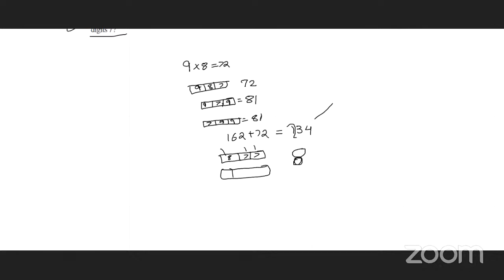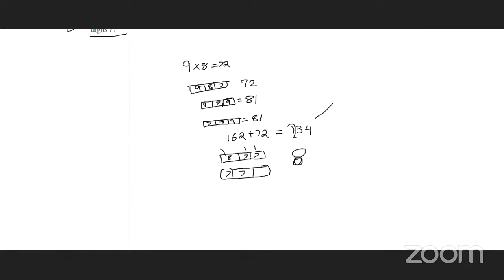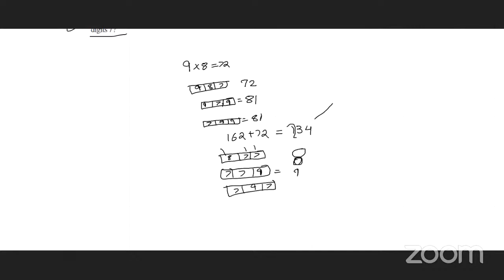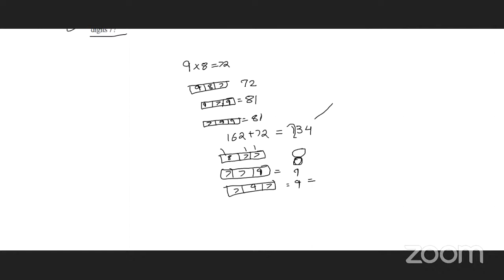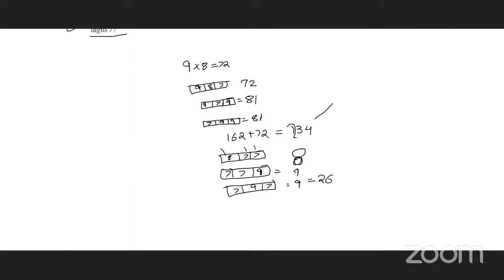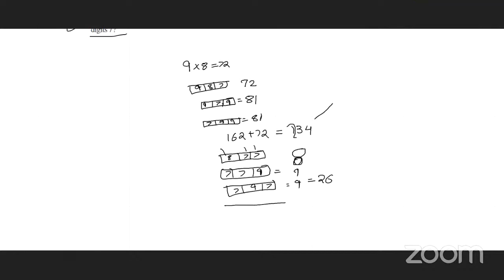No 7, so here it will be 9. 0. Still 9. 18 plus 8, 26. Okay. So 261.